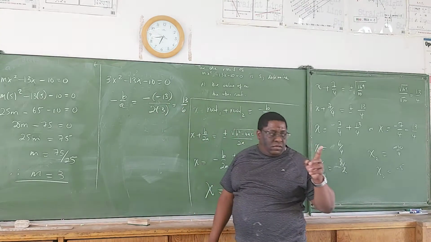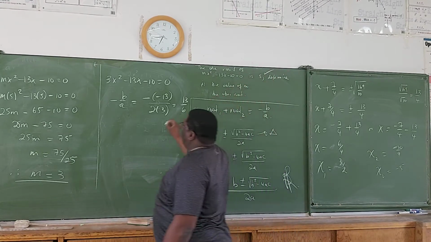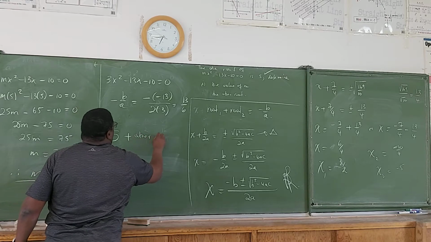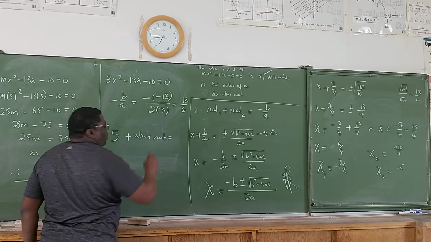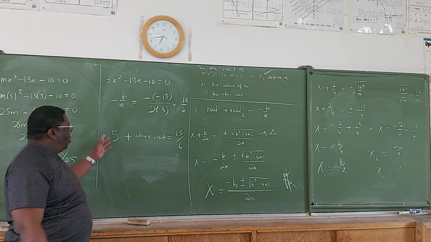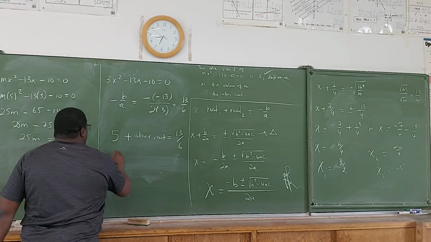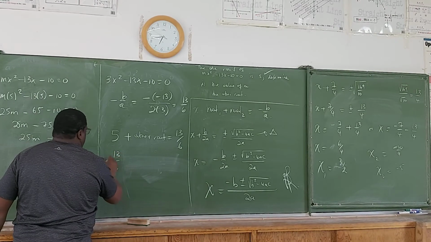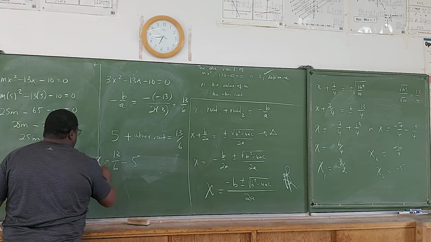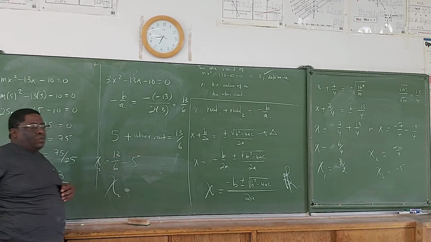So that means one root, which is equal to 5 plus, I'm going to write here, other root should equal 13 over 6. Go ahead and subtract 5 from that number. Therefore, 13 over 6 minus 5. So that will be the second answer. What is that second root equal to?